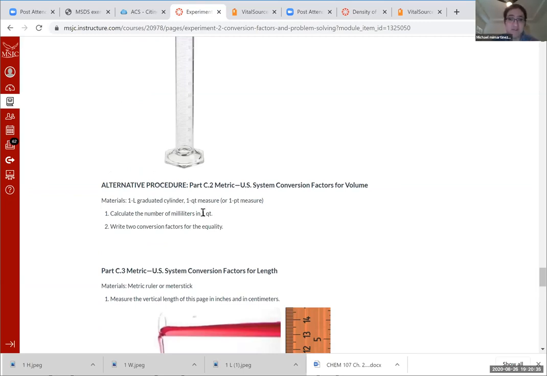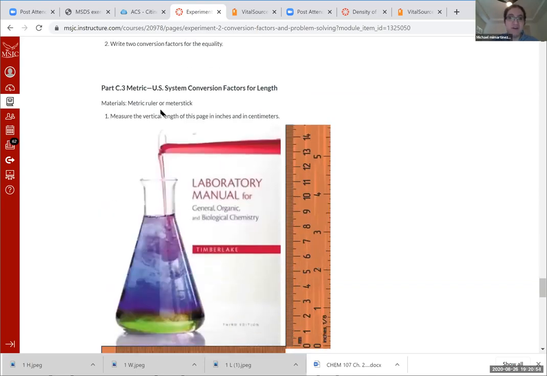I just want to make sure everyone understands what we're doing for the lab today. I'm confident that everyone's going to do well in this lab because we've actually done a lot of these measurements and a lot of these conversions already in our notes. So for part C, we're looking at metric to US system conversions for length.